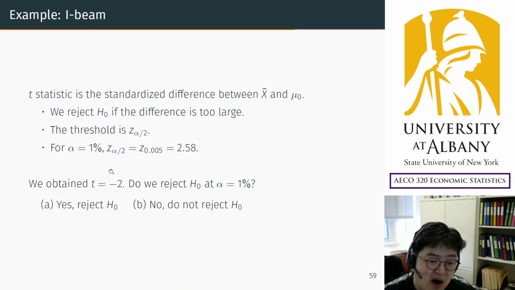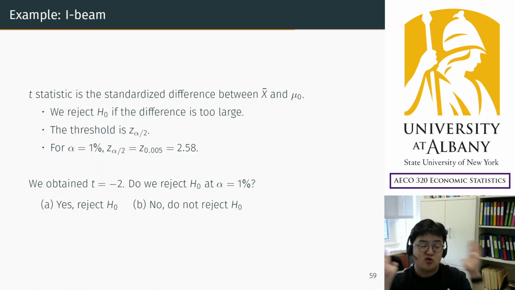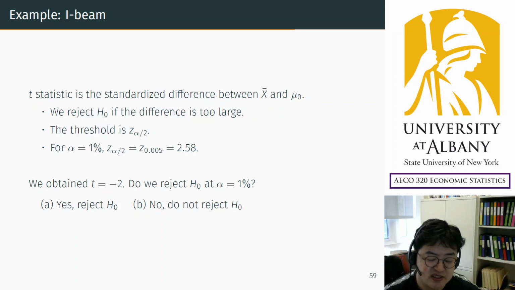But our standardized difference is only -2, which is within this cutoff. So you are not rejecting the null hypothesis. The answer is no. So that is how we compare. We set plus minus 2.58 as the cutoff, but your observation is -2. So within the interval, you are good. Your difference is small enough.